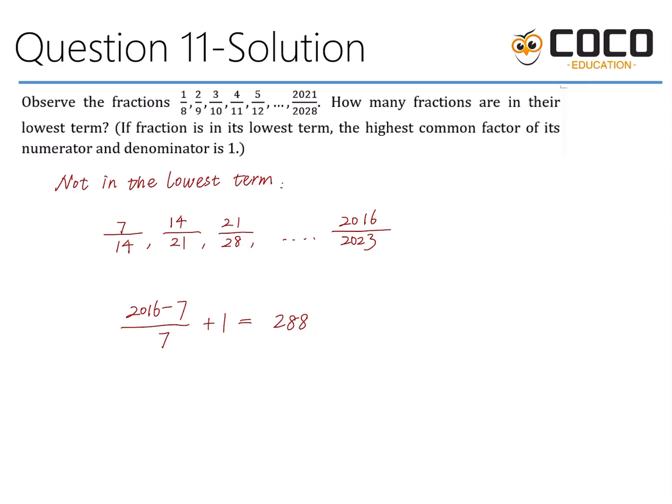Now altogether we have 2021 fractions. When you observe the numerator, it's from 1 to 2021. So we use 2021 minus 288. The remaining fractions will be already in their lowest term. So 1733.